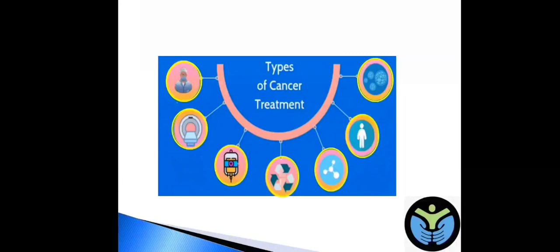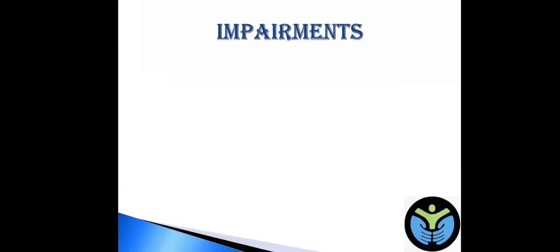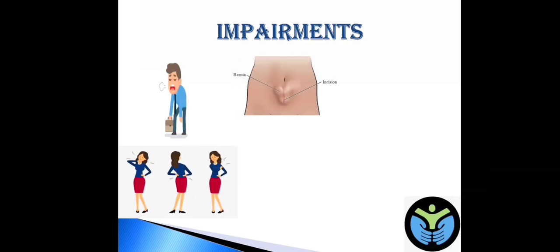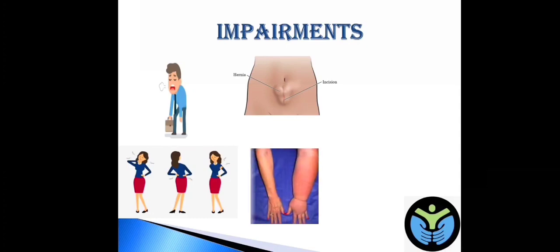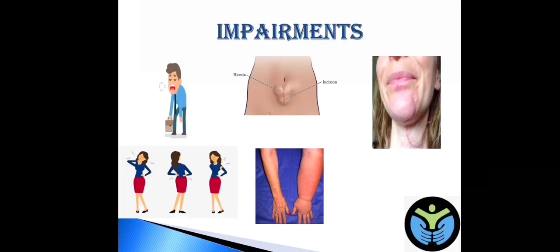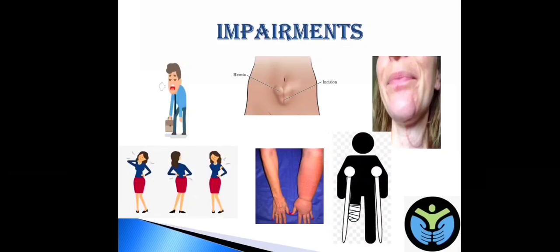Post any sort of treatment which they undergo, they'll be facing some sort of impairments. These impairments can be fatigue, pain, hernia which can occur because of transposition of muscles, lymphedema, scar formation which can lead to some sort of activity limitations, or they can even suffer from amputation.